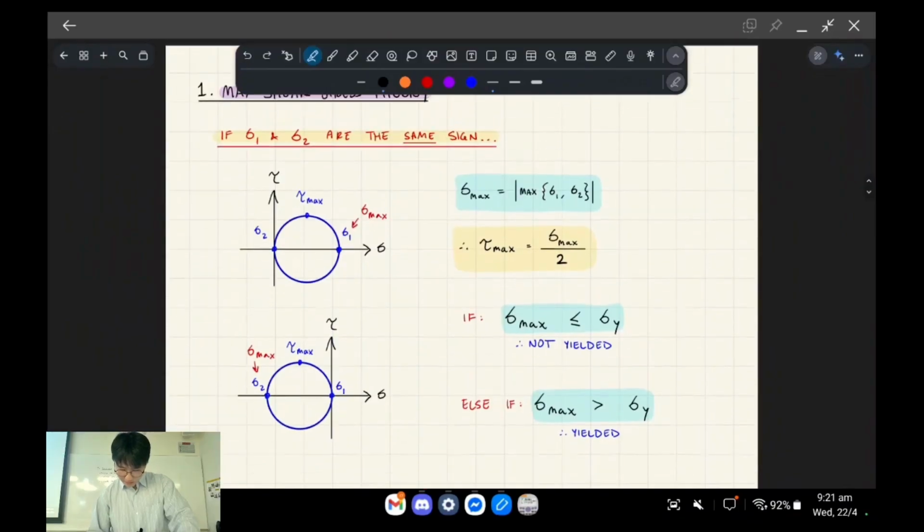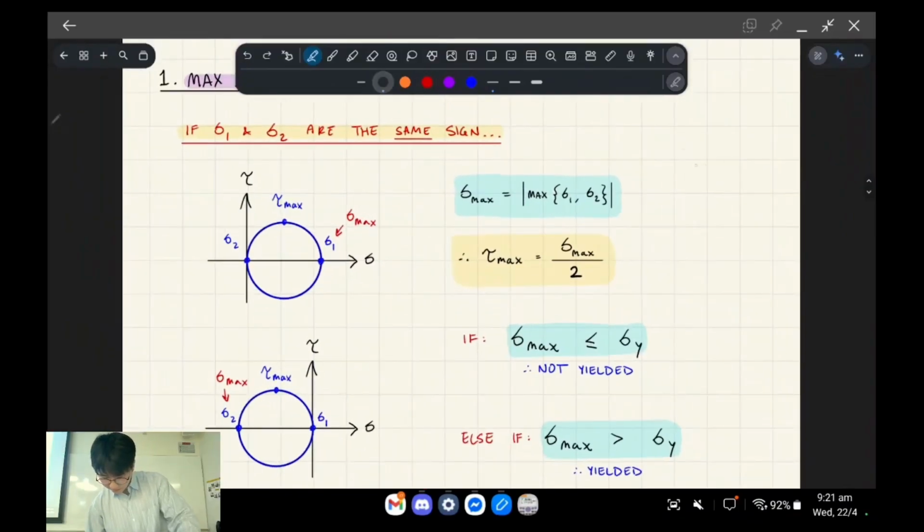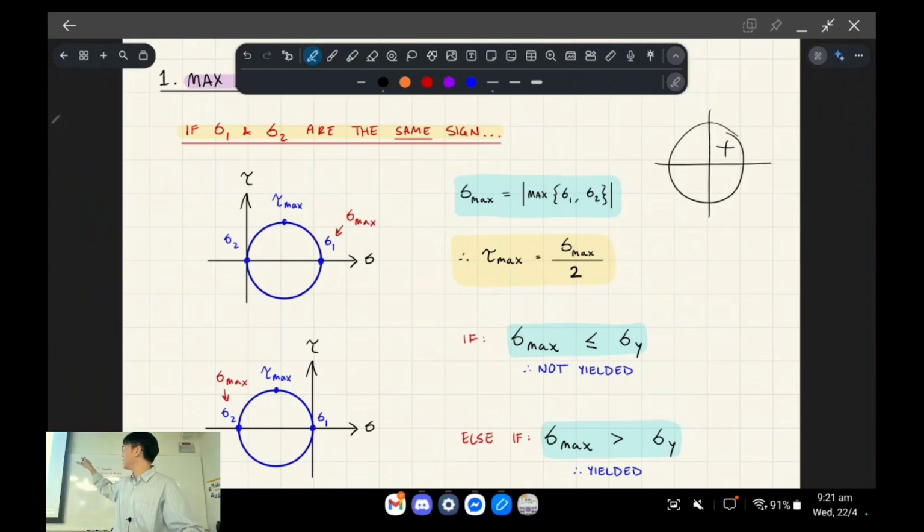So, if you remember the unit circle, if you have an x and a y that are positive and multiplied together, it's positive over there, positive here, and negative here and here, right?